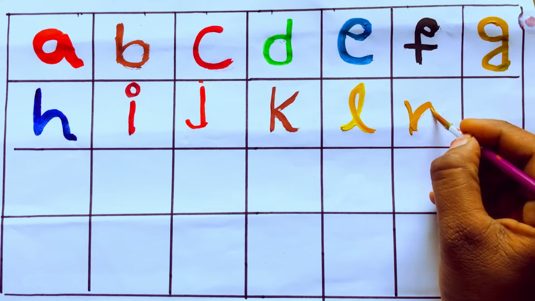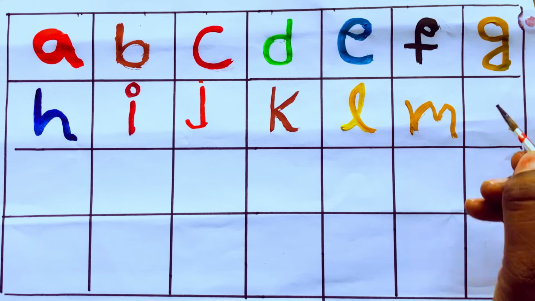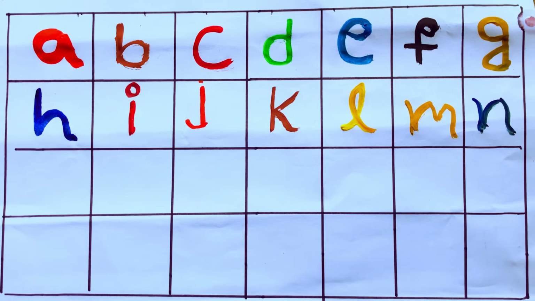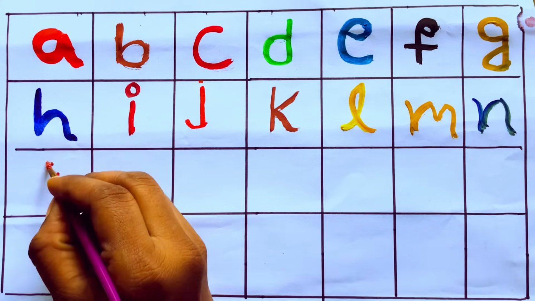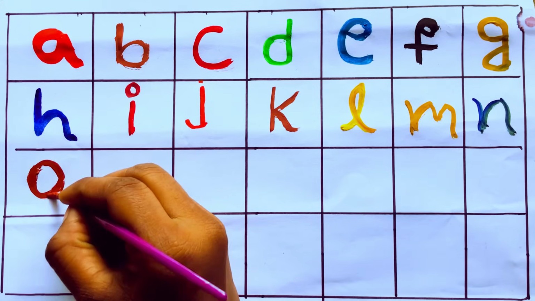Cream color, M for monkey. Black color, N for nest. Brown color, O for ox.